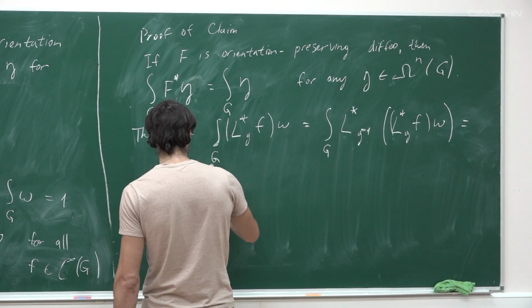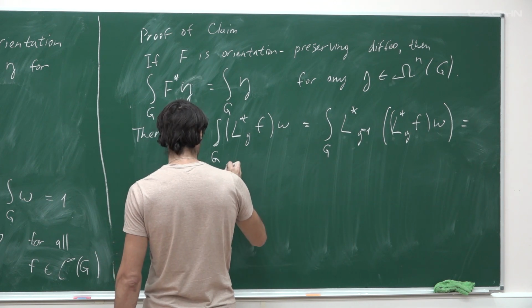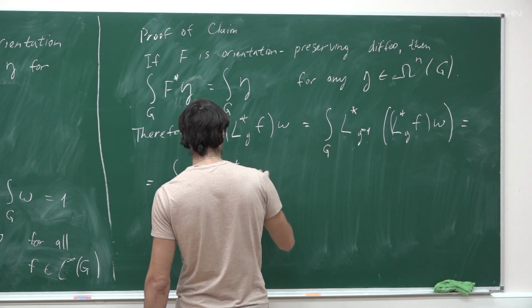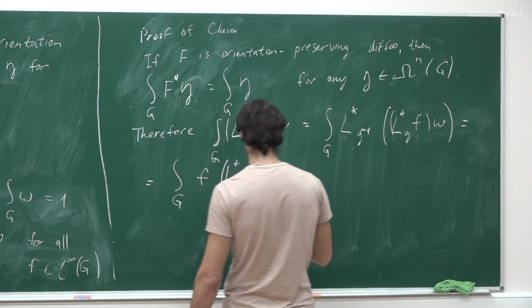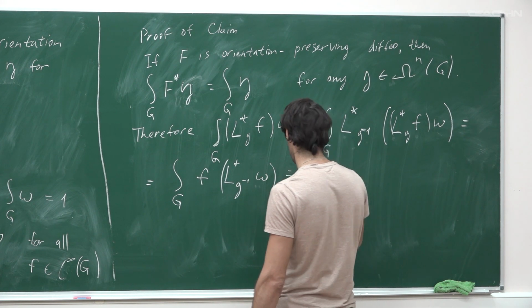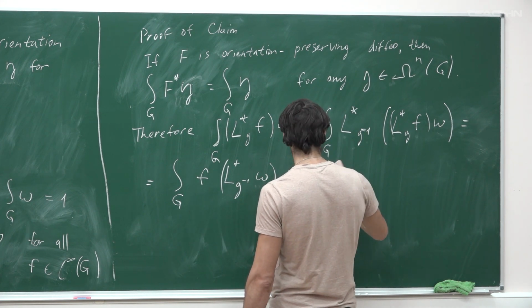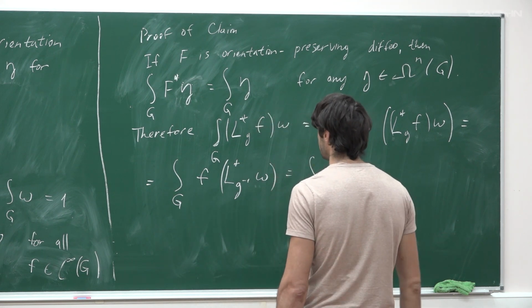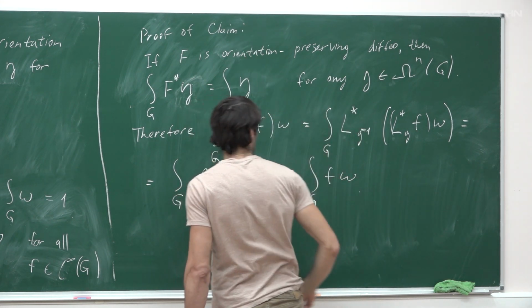So this is f, L_g inverse star applied to omega, but omega is left invariant, so therefore we have f omega.